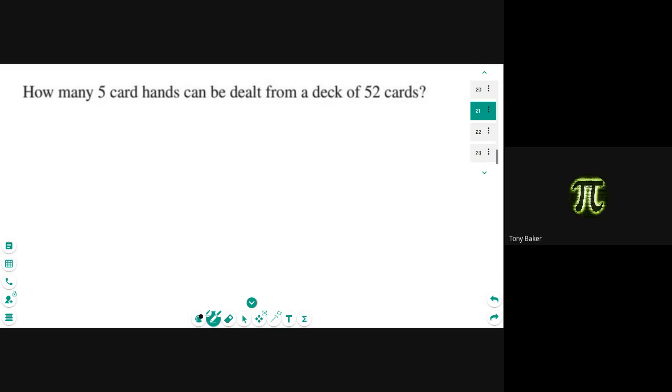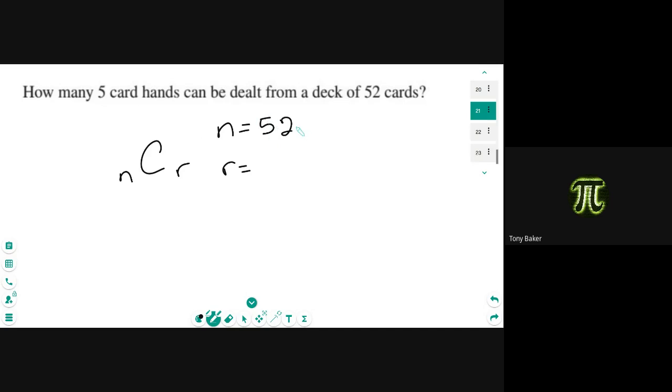So we're going to use combination or permutation? Combination. N is what? 52.